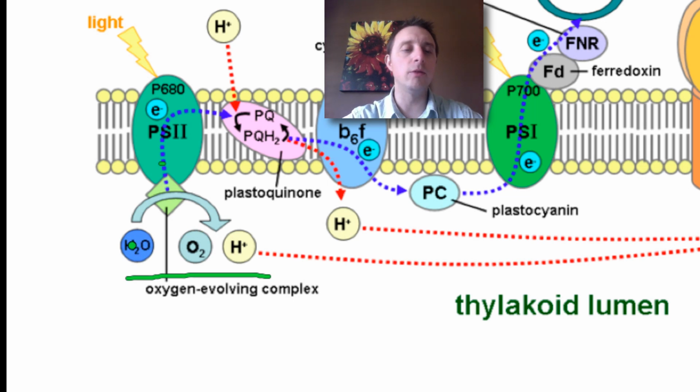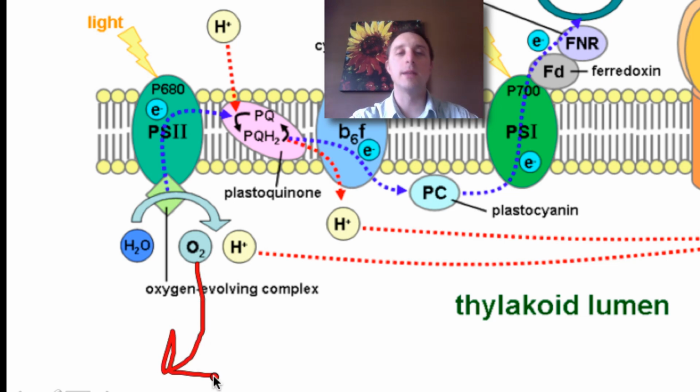So a water molecule is split in half, basically, to oxygen gas and a hydrogen ion. The hydrogen ion goes out here and contributes to the gradient. The oxygen leaves as waste gas. And there's one more thing that comes out of the water that is not really shown very well in this diagram, and that is an electron.